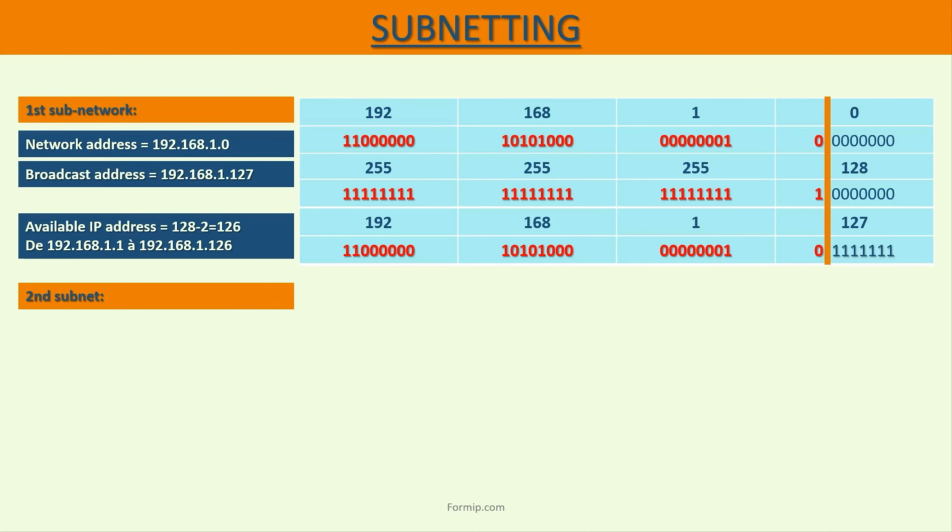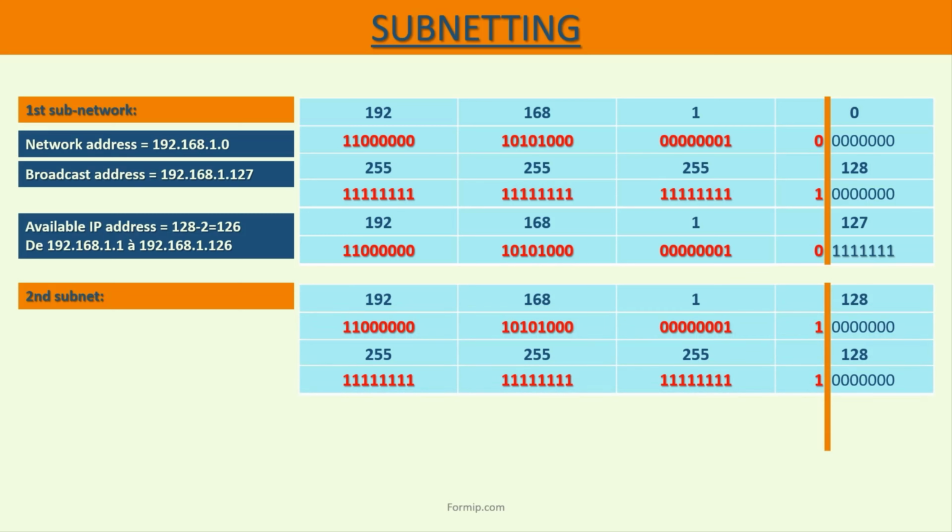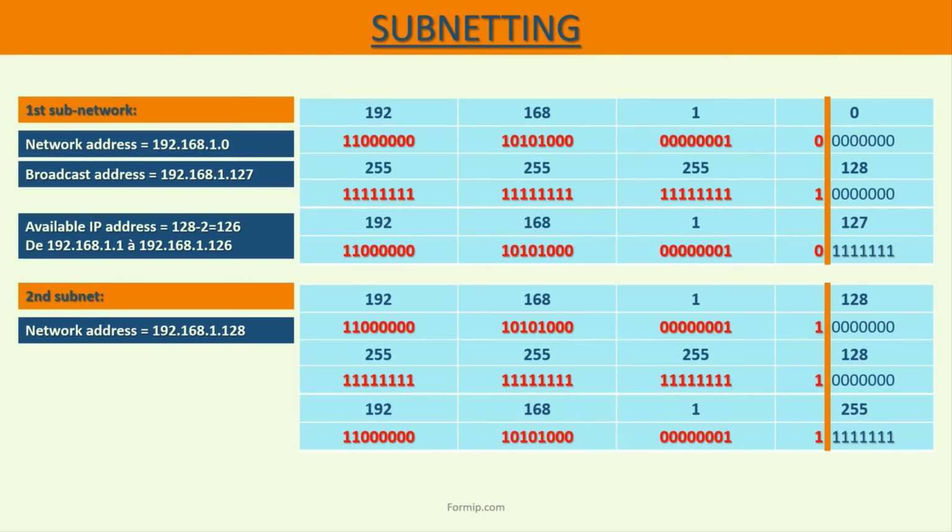As the first subnet ended at 127, we will continue with the following IP, the 128. If we change all of the bits to 0 after the separation, this gives us the network address as the 192.168.1.128. And if we change all the bits to 1, we find as the broadcast address the 192.168.1.255.